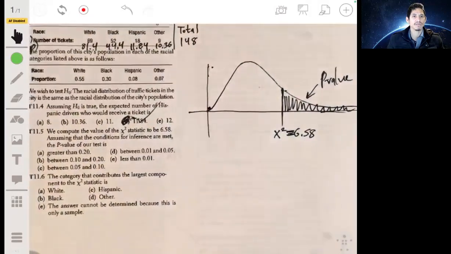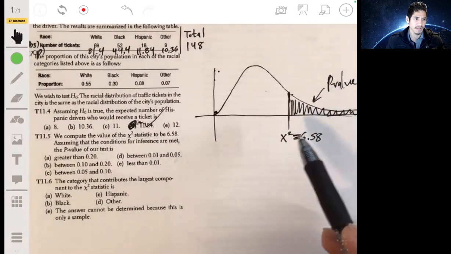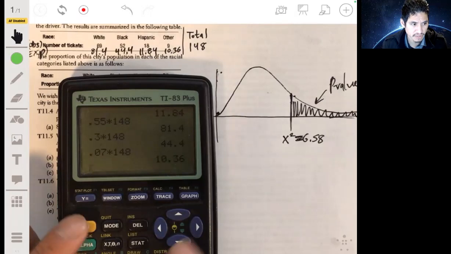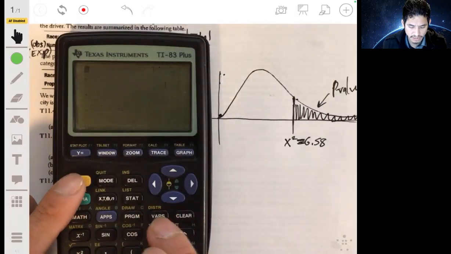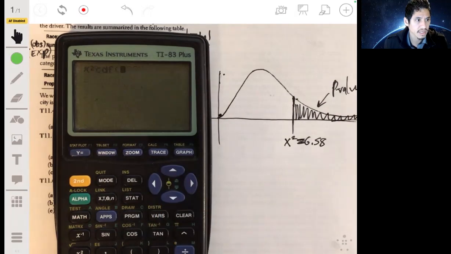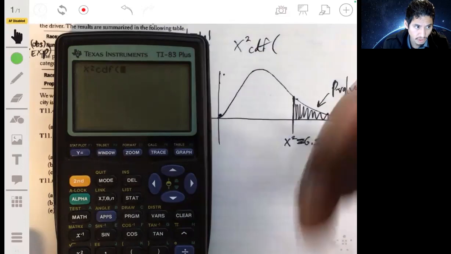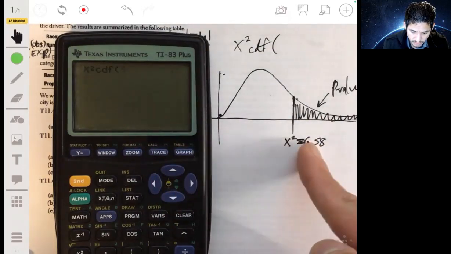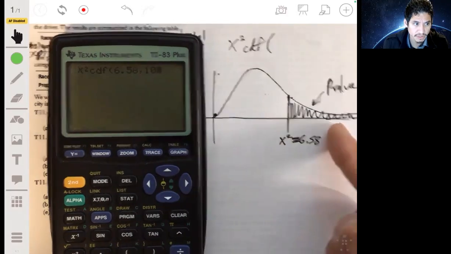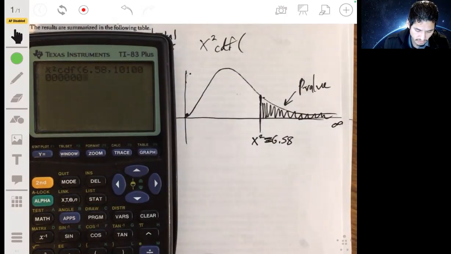Now you can use your formula packet, but it's a lot better to use your calculator, because it's going to give you a more exact value. For that, press second, then go to distribution, and go to chi-square CDF. The syntax will be lower bound, which will be 6.58, comma, upper, which is like going to infinity, so enter a very large number, followed by degrees of freedom.